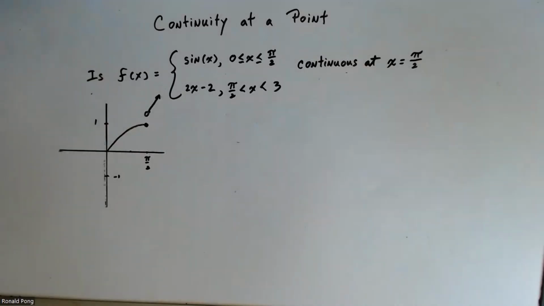Here's a question I created for this piecewise function, f of x equals sine x between 0 and pi over 2, and equals 2x minus 2 between pi over 2 and 3. And the question is, is this function continuous at x equals pi over 2?